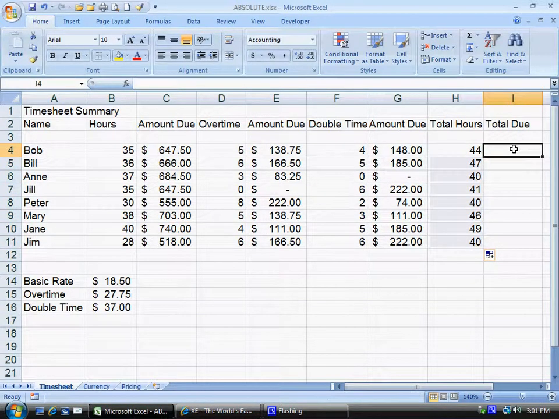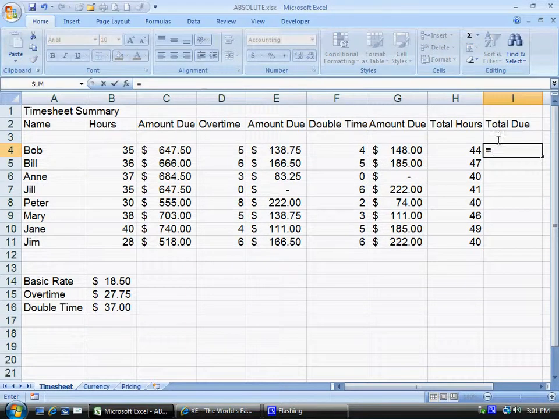To work out the total amount of money due for Bob, we just need to add up the amount of money in the 3 columns over here. So this cell is equal, this first amount of money is in cell C4, again hitting the plus key on the keyboard. The second amount of money for his overtime is in E4, plus his double time money in cell G4.